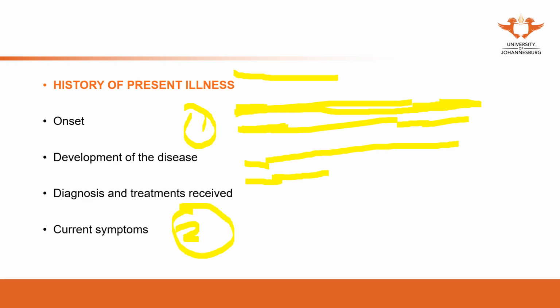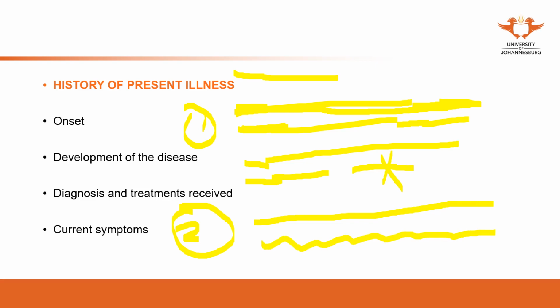So if you want to write the history of diabetes, in this case you don't write from here. Okay? You write a separate paragraph, and then you describe what happened to the patient, what the treatment was, and how he is now.